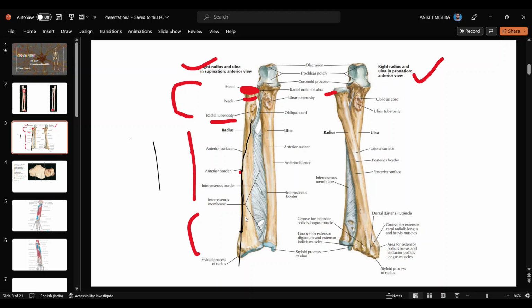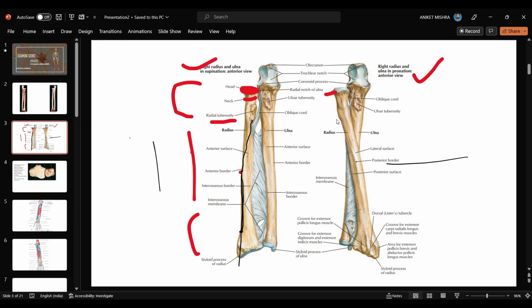When we talk about the posterior border, we see it when the radius is in pronation. The posterior border is opposite the anterior border, but is clearly defined only in the medial one third. The upper oblique part is known as the posterior oblique fiber.